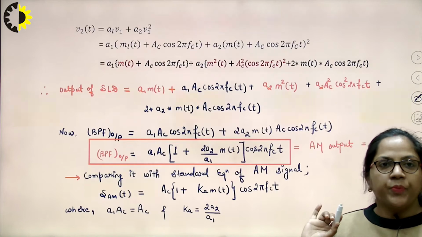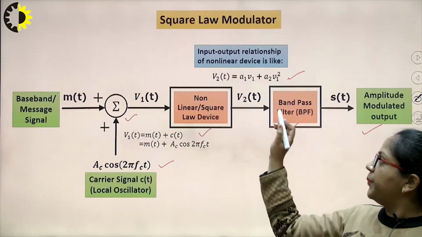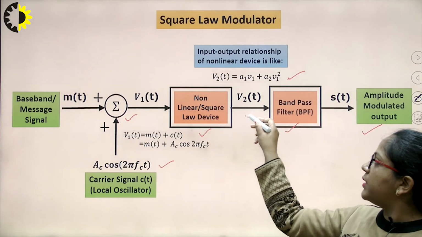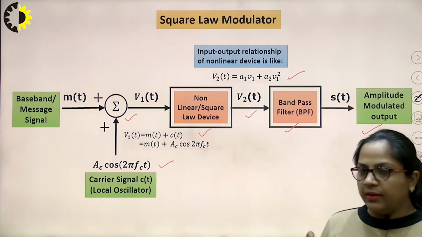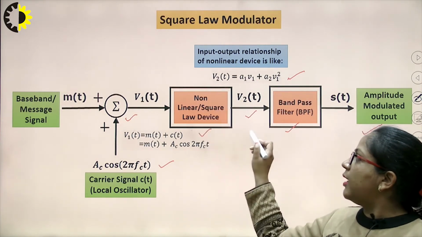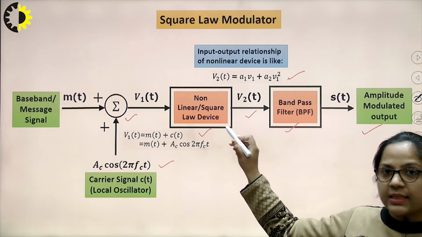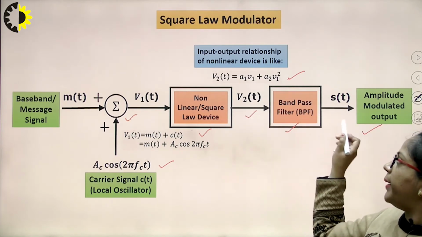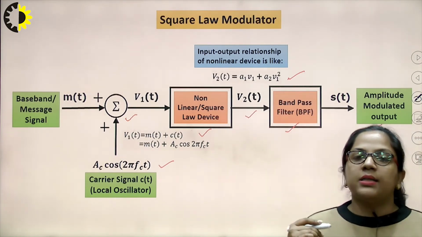After getting the output from this non-linear device, the next step is to pass this output through a bandpass filter. What is a filter?